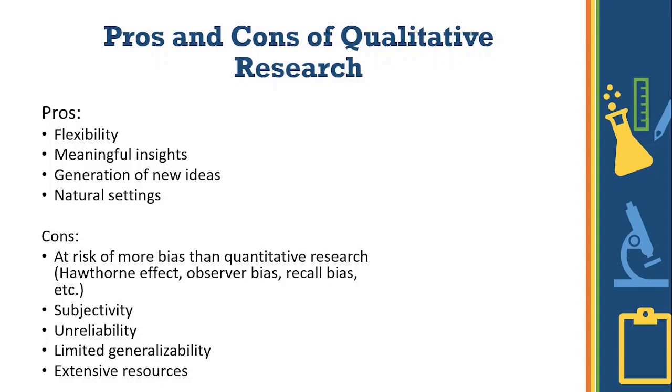In order for research to be scientific, or in order for research to be generalizable, that research has to be objective and reliable. So when we are saying that one of the cons of qualitative research is that it's subjective, then we are moving away from scientific or objective research practices, more toward the spectrum where everything is dependent on the researcher and the researcher's decision and authority over the study.